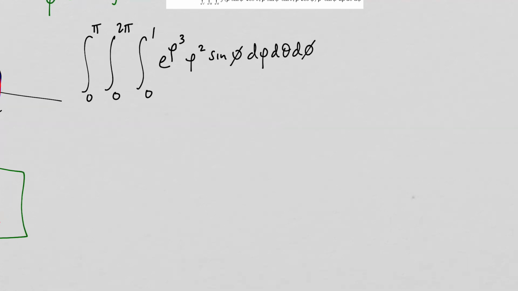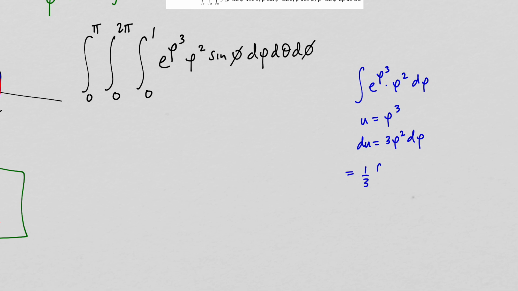Integrating with respect to rho first, sine of phi is a constant. Let's take a look at the integral of e to the rho cubed times rho squared d rho. I'm going to let u be equal to rho cubed. du will be 3 rho squared d rho. So this becomes 1/3 integral of e to the u du, which is 1/3 e to the rho cubed.